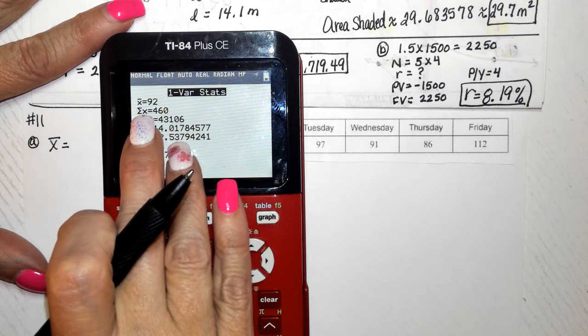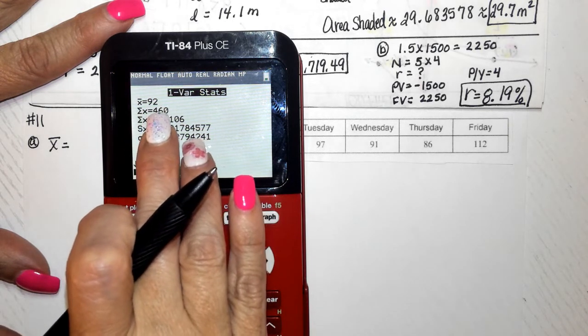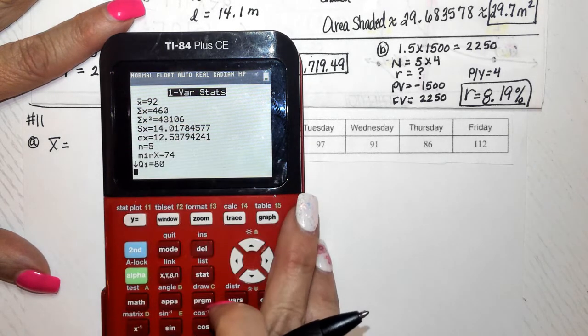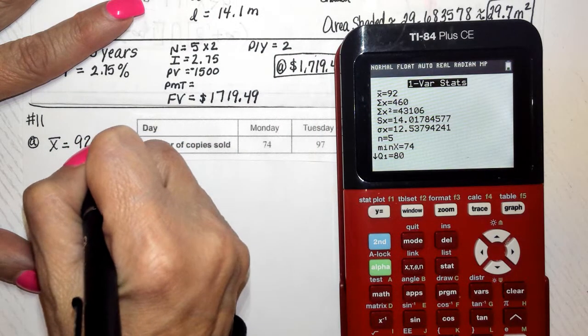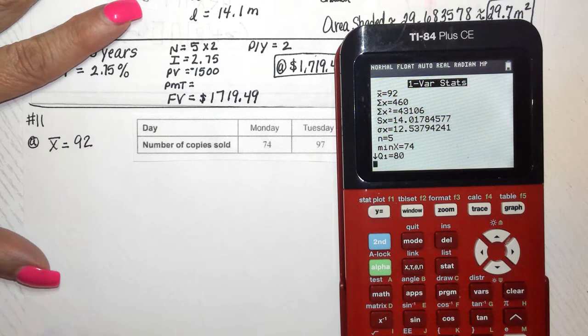And the sum of all the X's is 460. If I take the average, it's 92. So I've kind of gotten lazy in that I know X bar is the average.